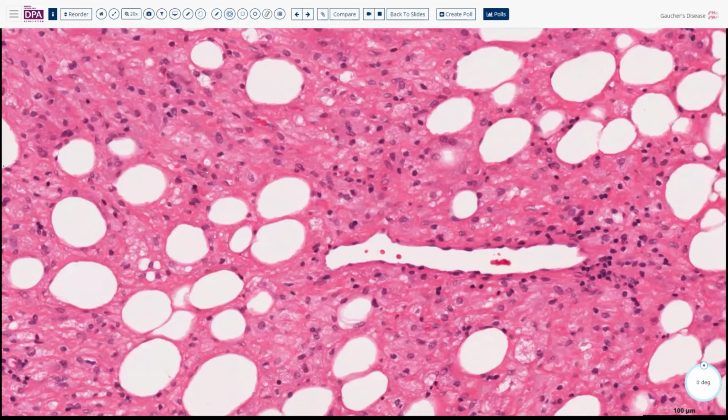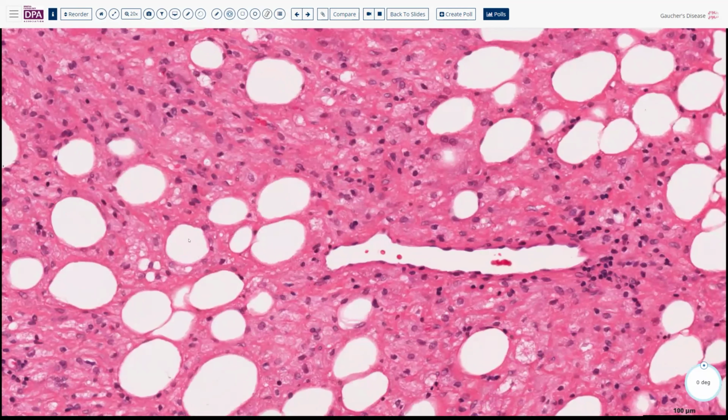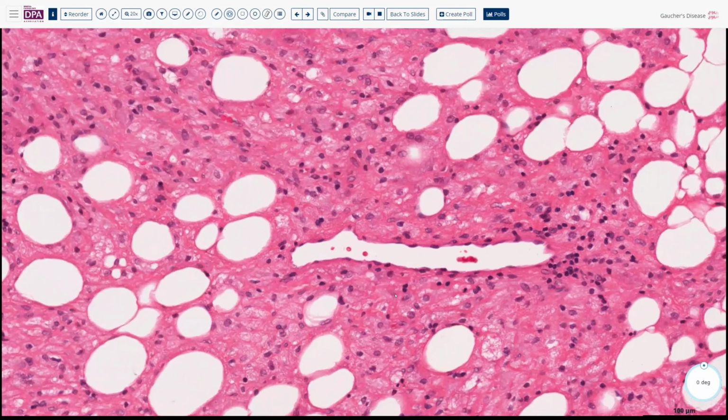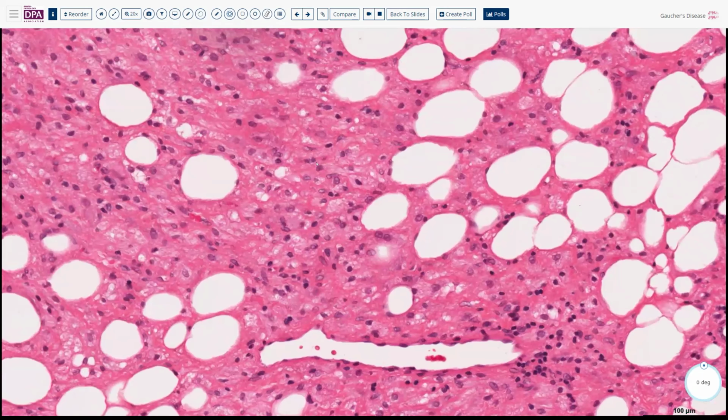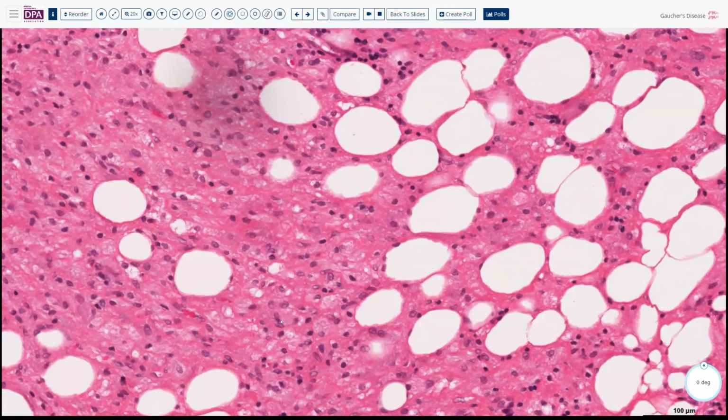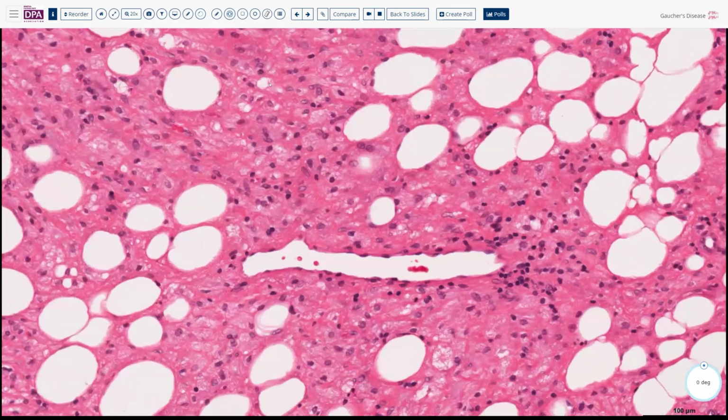And as we come into very high magnification, I believe you can see that there's a kind of foaminess or pallor to the cytoplasm with some degree of granularity and interspersed hypostaining material in these cells. So it looks like a very histiocytic type of process.